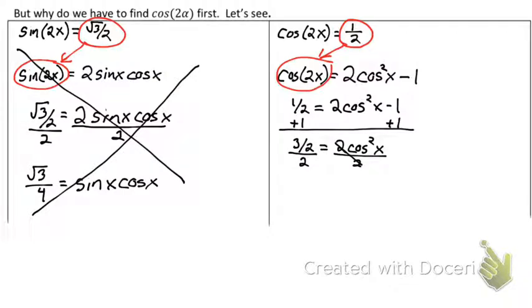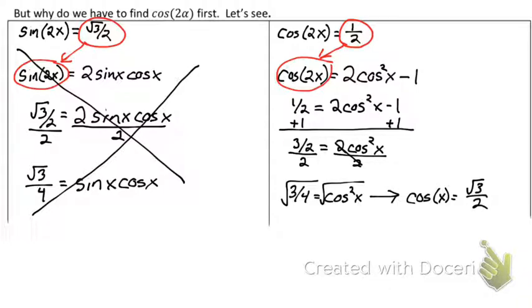That's going to give me 3 over 4 equals cosine squared x. Take the square root of both sides, and you're going to have cosine x equals square root of 3 over 2. And that's the exact answer you got in that middle column.